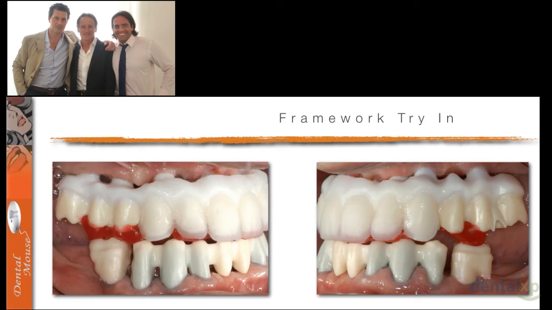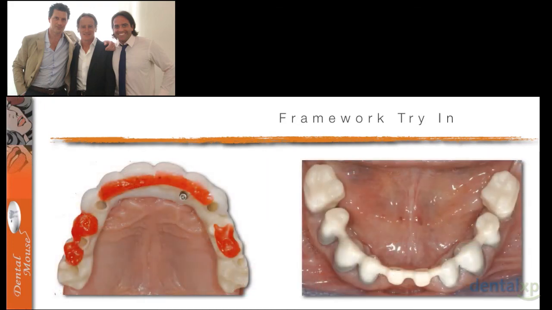And of course you see that some esthetic resin has been used, so function is always important, but we are not forgetting the esthetic part. Esthetics and function always go step by step, all together, in our treatment plan.